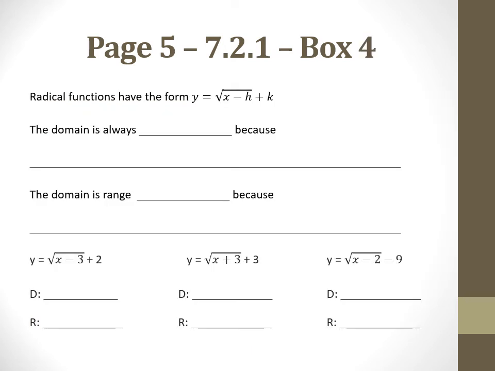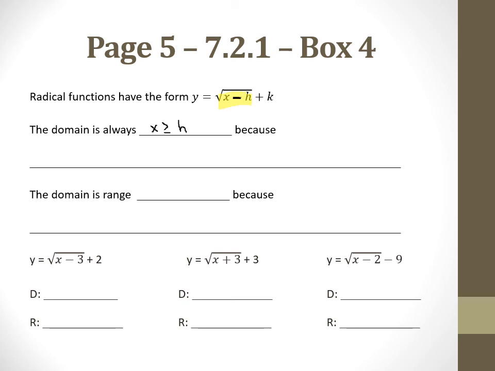So to sum up here, radical functions always have the form y equals the square root of x minus h plus k. So the domain always comes from the part under the square root sign. So the domain is always x is greater than or equal to h.